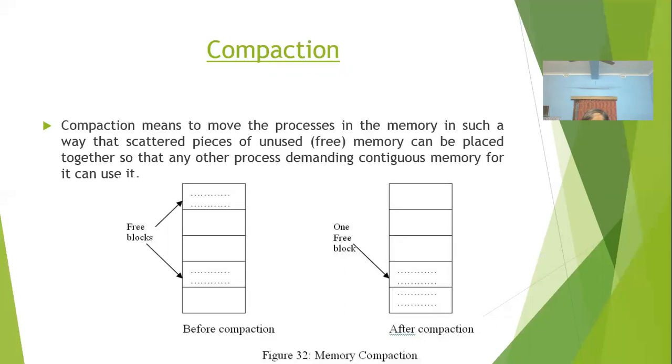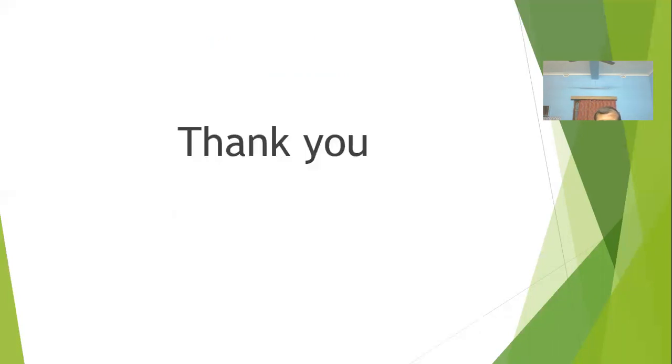Now, this large free block can be allocated to other processes, whoever needs it. So basically, we are getting contiguous free storage locations at our disposal now, and we are using the concept of compaction here to achieve that.